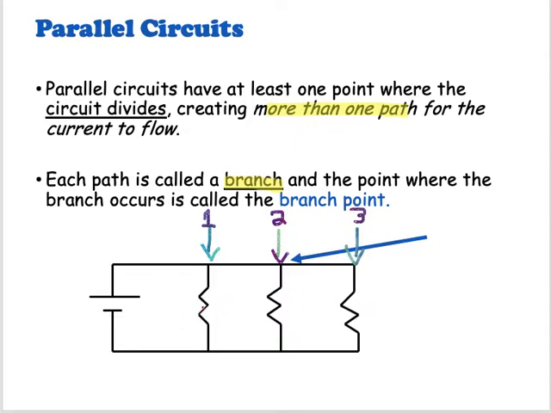It also has 3 resistors, right? Resistor 1, resistor 2, resistor 3. So in this, the electricity would flow from the battery through the resistor and back in path 1. Path 2 it could take, and path 3 it could take. So a parallel circuit is parallel because it has multiple paths for the current to flow.